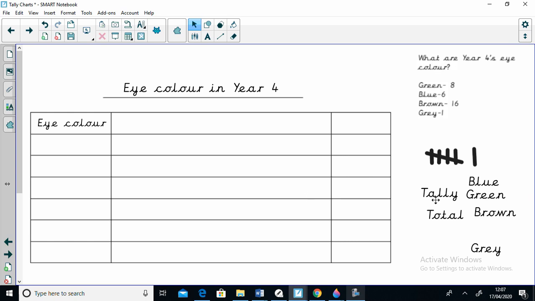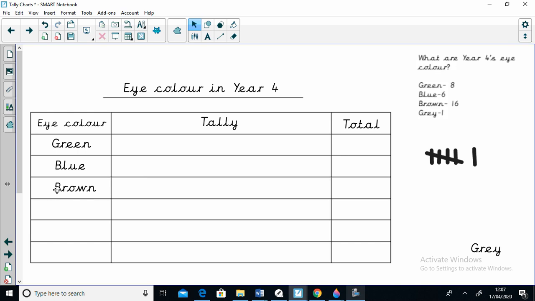The second column shows the tally, and the final column shows the total as a number. I can then set about putting the information in. Green, blue, brown, and grey. My next job is then to actually start doing the tally.